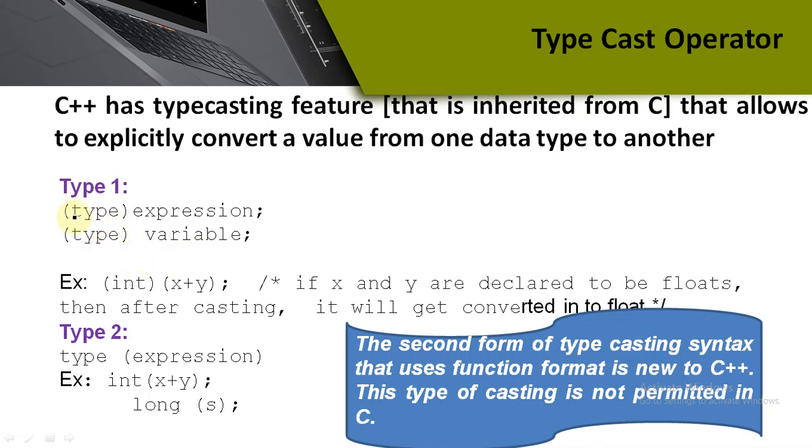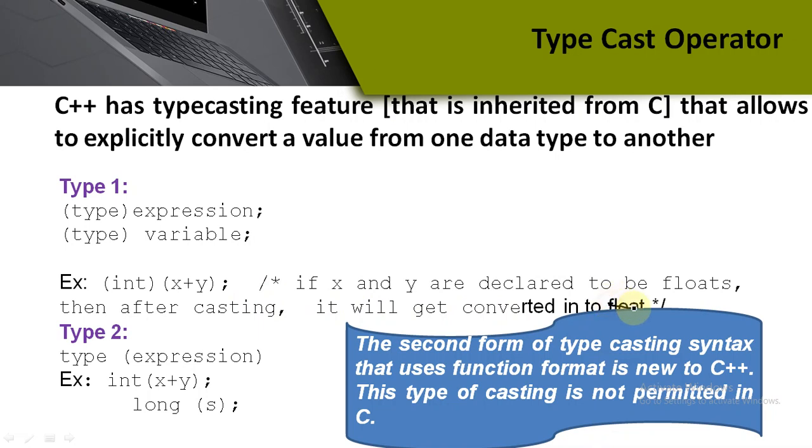In C, we never use this parenthesis this way. Instead, we use parenthesis for the expression, we use parenthesis for the variable. But here it is something different. We keep that particular conversion type that we intend within round brackets, within the parenthesis. int(x + y): if x and y are declared to be floats, then after casting, the entire expression will be converted into integer.